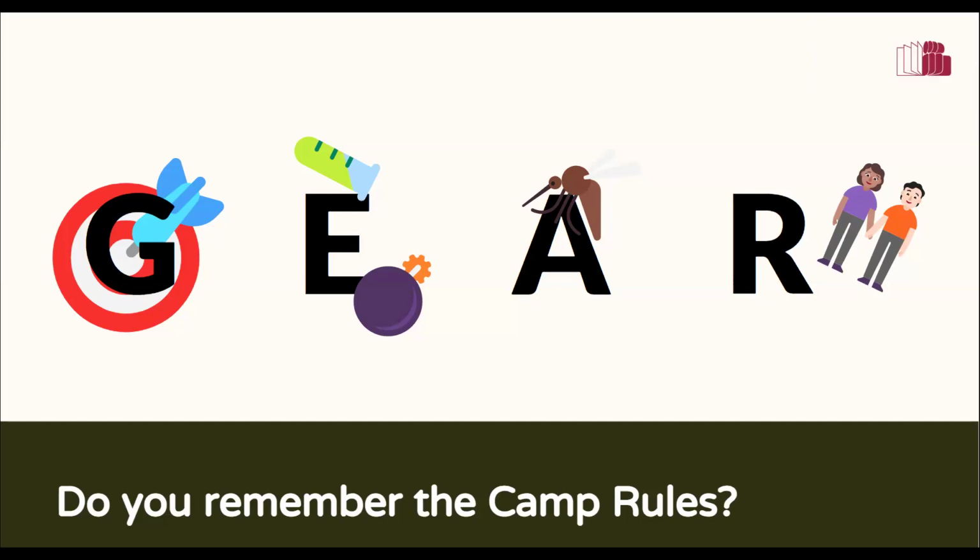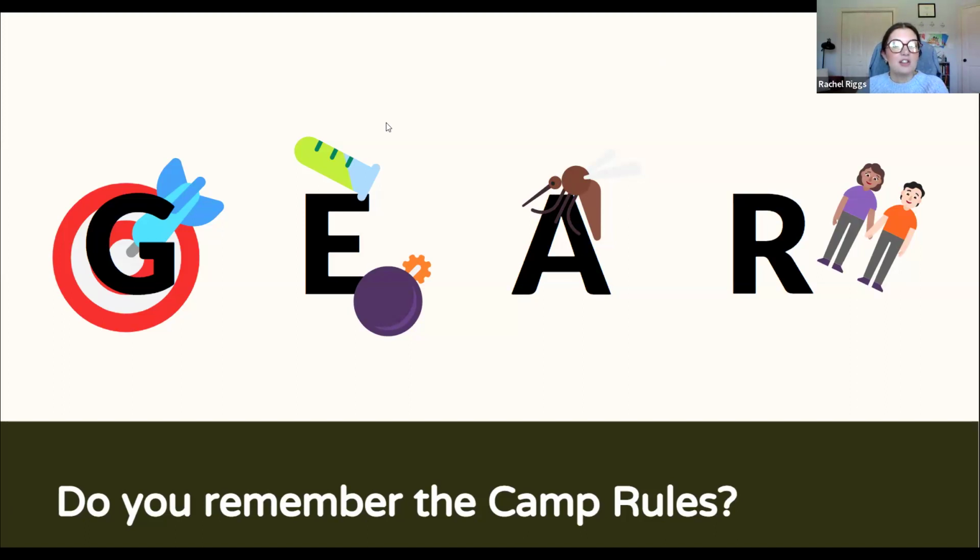The A stands for avoid blank. Avoid what? This is a clue here. Avoid bugs. Avoid bugs. Good. And then the last one was remember to blank up. It starts with a B. Buddy up. Remember to buddy up.